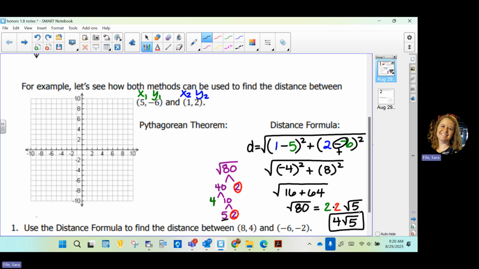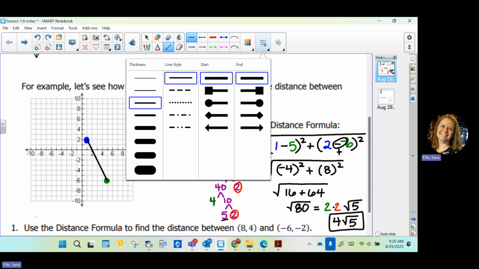Now let's try it with the Pythagorean theorem. If I plot these points and look at it graphically, I've got 5, -6. There's my first point. And then 1, 2 is my second point. I am trying to find the distance of this segment.